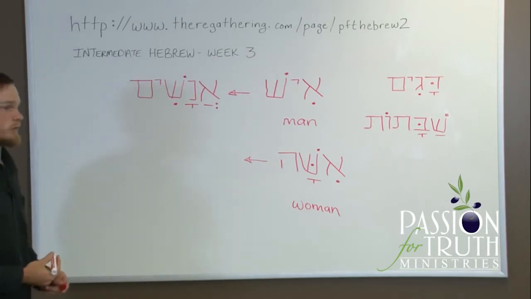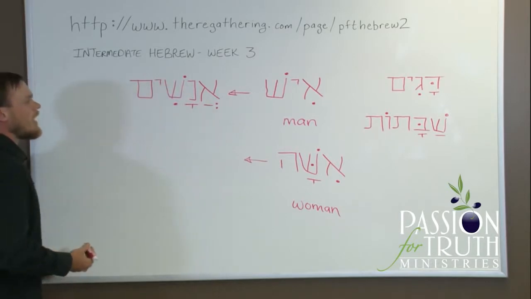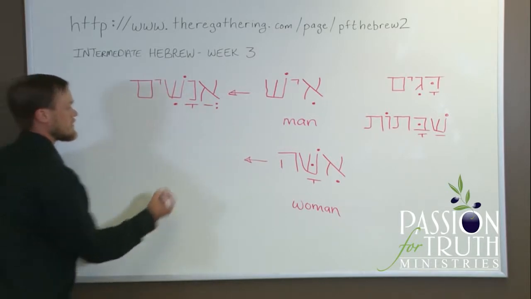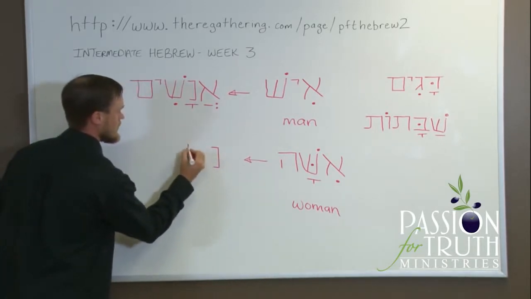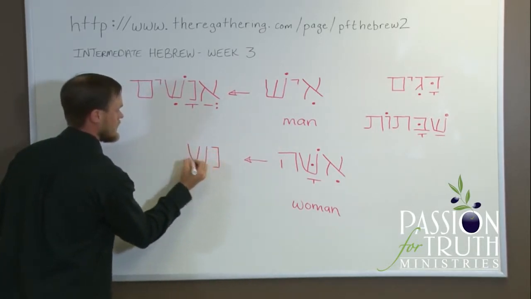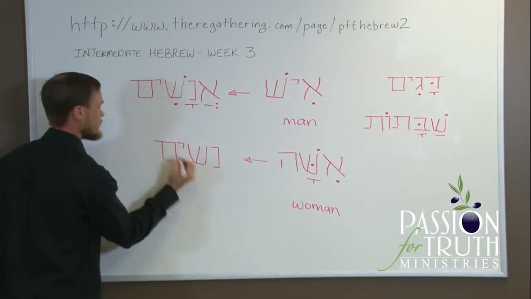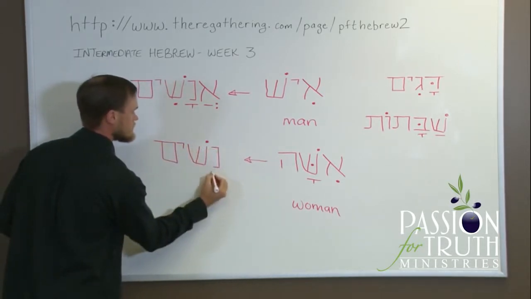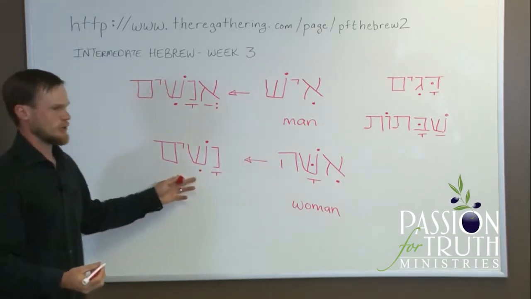It seems to invade the word. The yod drops out and is replaced by a nun. And Isha, instead of being Ishot, undergoes a very bizarre change. Isha becomes Nashim.